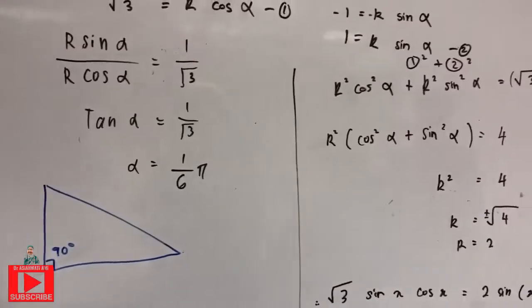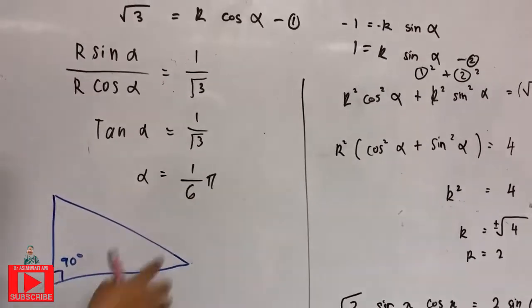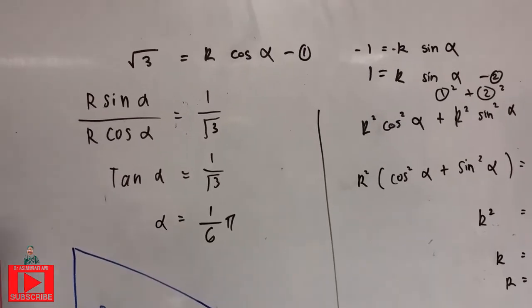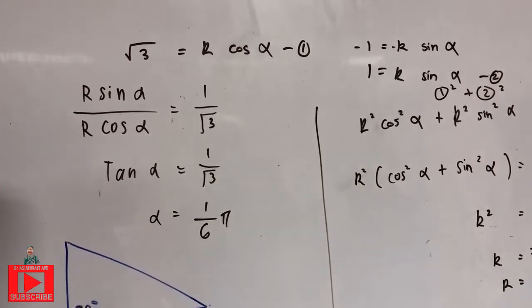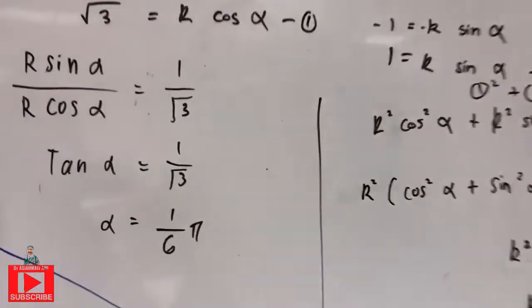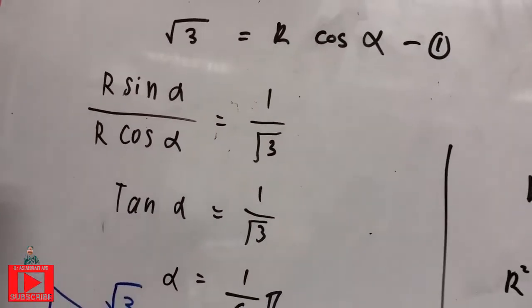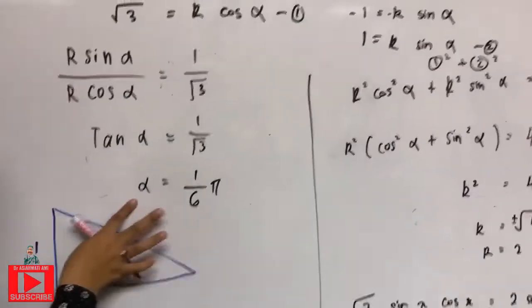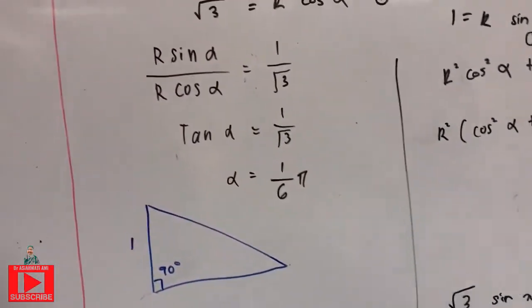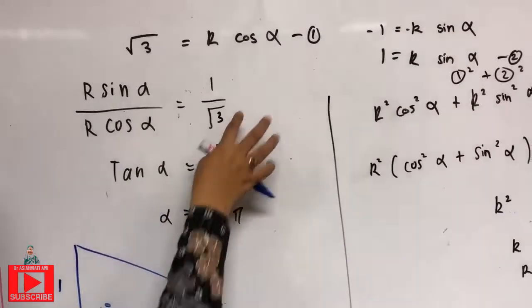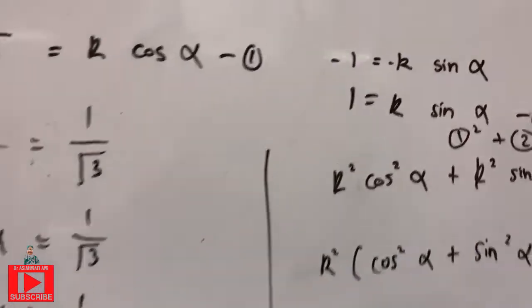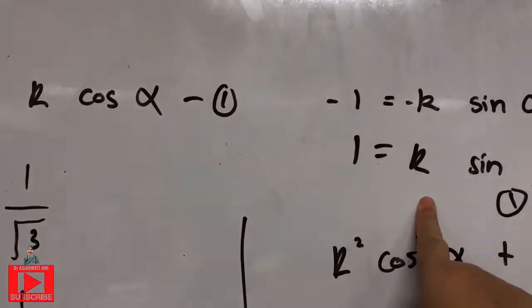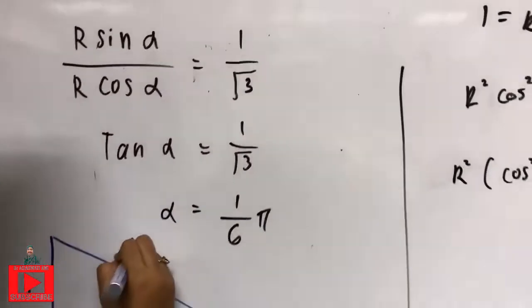Alpha mana ni? Tu 1 per 6 tu. Sin alpha equals 1 over 1 over R. Okay.